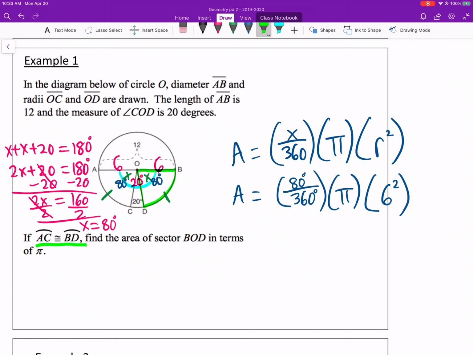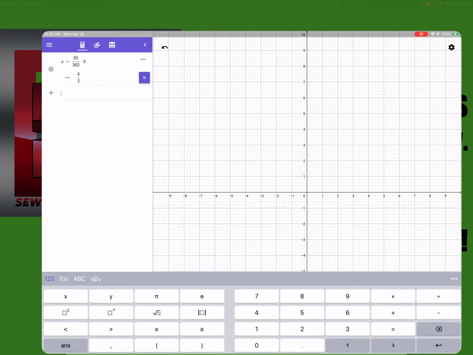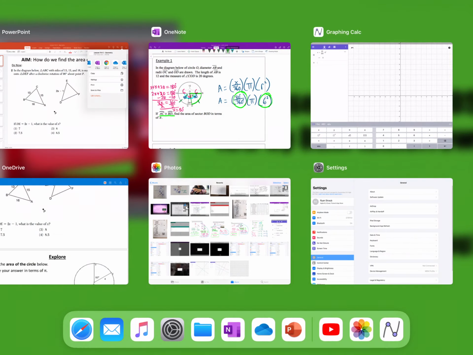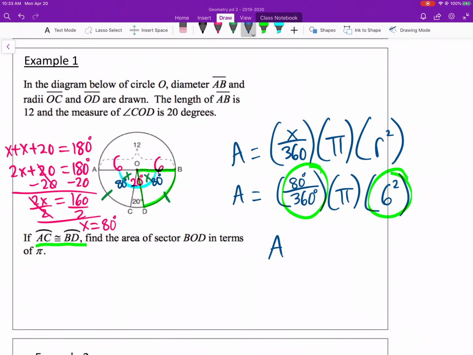So it's 80 over 360 times 6 squared, and then just leave the pi at the end. So we go to our calculator. 80 over 360 times 6 squared is 8. So our area of this sector is equal to 8 pi.